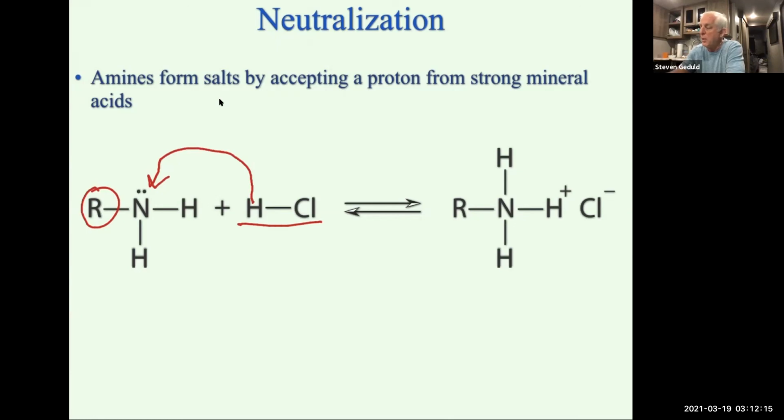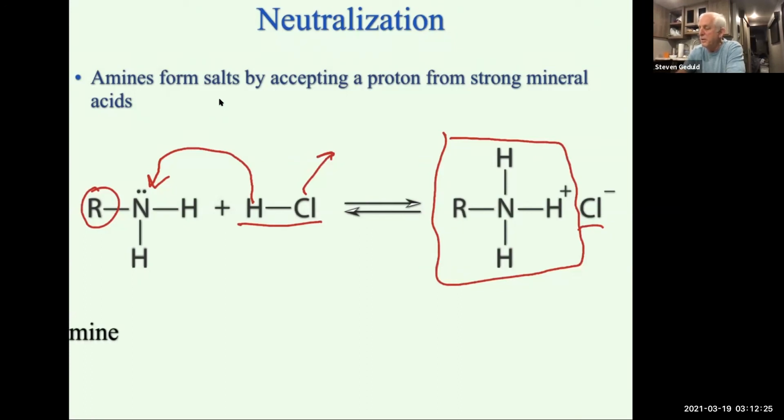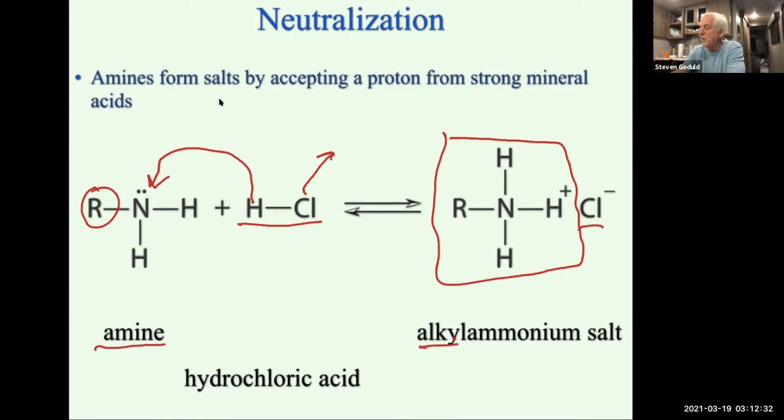Okay, and gives you an ammonium ion, and chlorine is being released. Okay, that's a salt. It's an ammonium salt. So this is an amine, and hydrochloric acid, and this is the alkyl ammonium salt. It's alkyl because there's R groups attached to it.